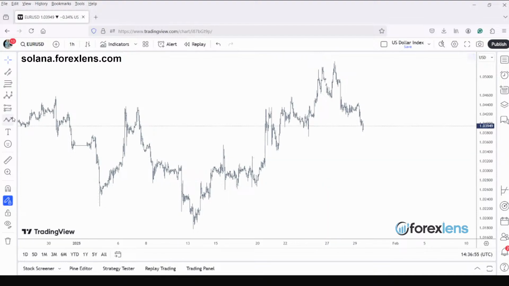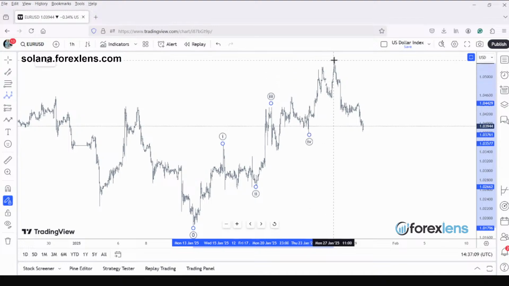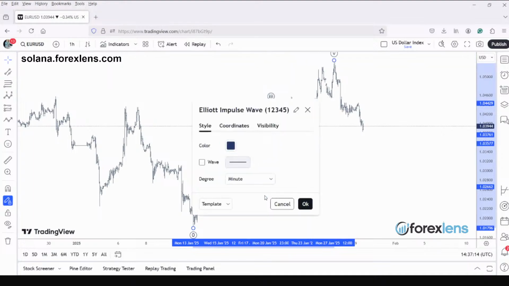I have cleaned up the chart. If you're joining in right now, you might want to catch up with what has happened in the wave story. Allow me to change the degree quickly to a minute.